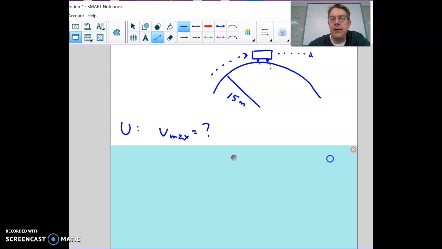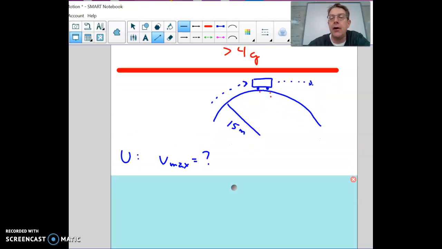So now we need to keep the car on the track. This second hill has a little bit bigger radius of 15 meters, but I want to know the maximum velocity I can take here. Now, if this is the case, what has to happen is that I don't want this cart accelerating up, and I don't want it accelerating down. I want there to be no net force in the vertical direction.